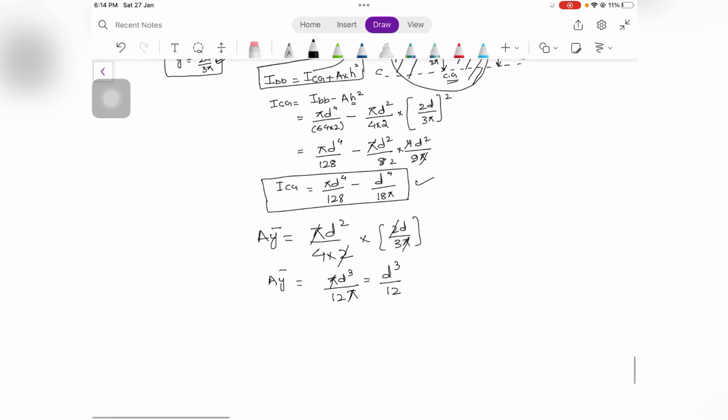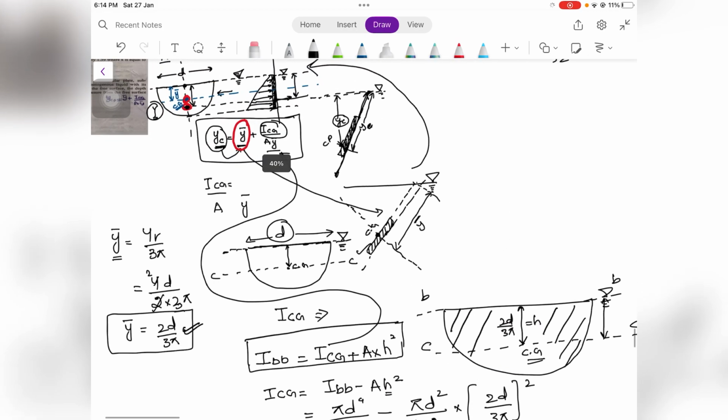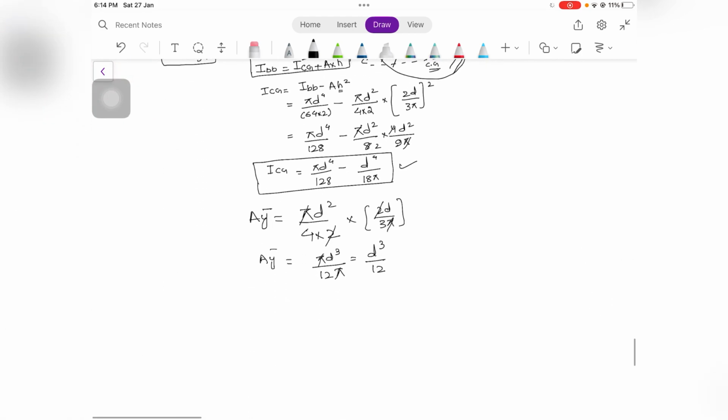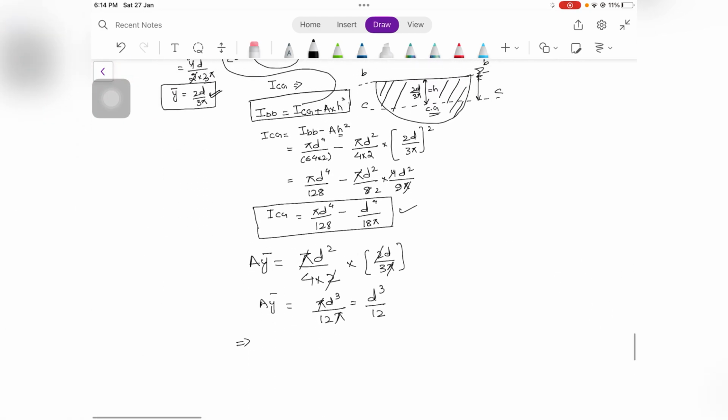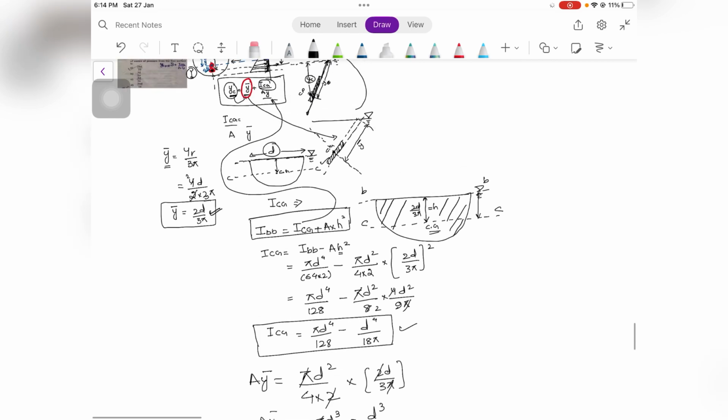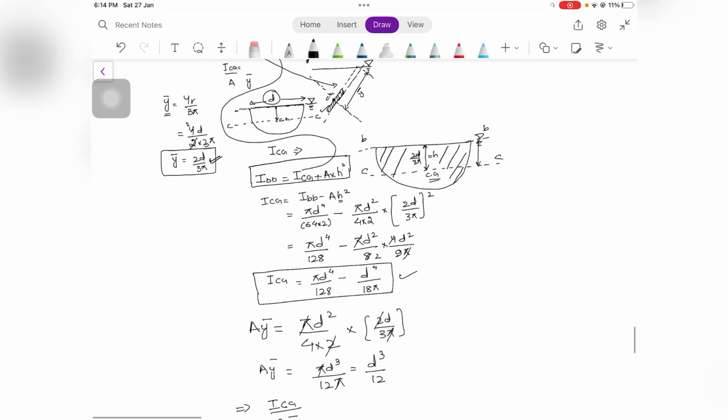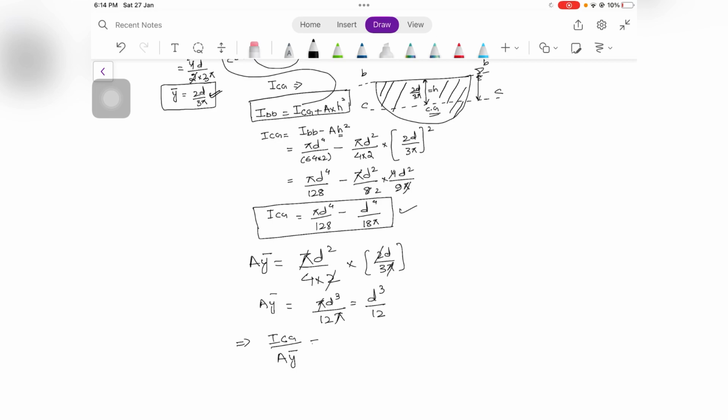All right, so let us go back to our base equation, or we can first of all try to simplify it as ICG upon A y bar, because we need to put that factor in this equation to find out the center of pressure. So ICG is pi d to the power 4 upon 128 minus d to the power of 4 upon 18 pi.